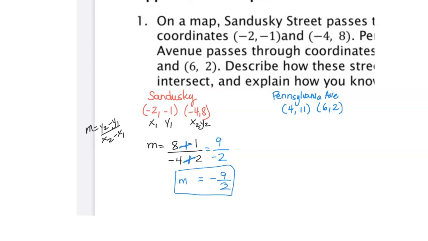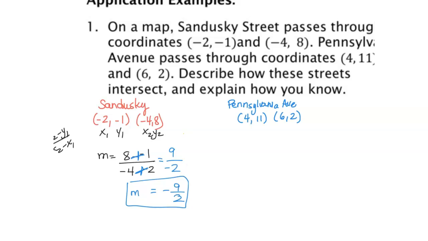For the second one, first start off by labeling your points. x1, y1, x2, y2. And then enter them into your formula. So 2 minus 11 over 6 minus 4. 2 minus 11 is a -9 over 6 minus 4 is 2.